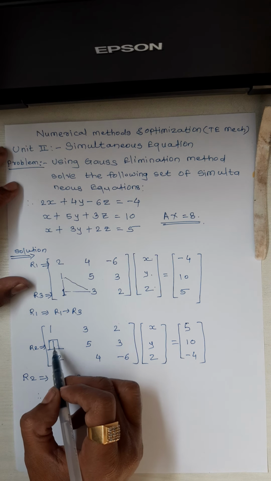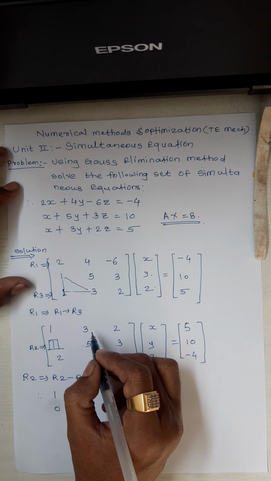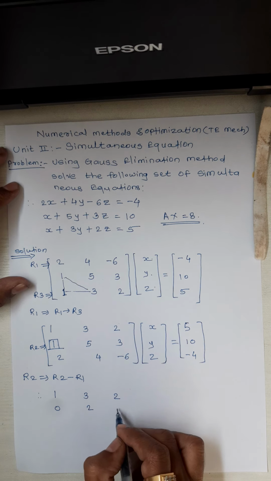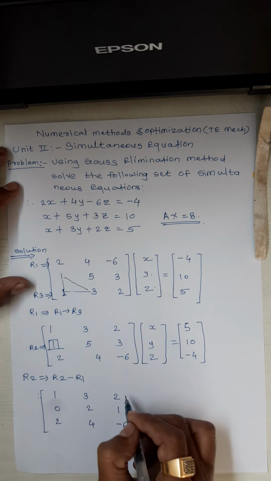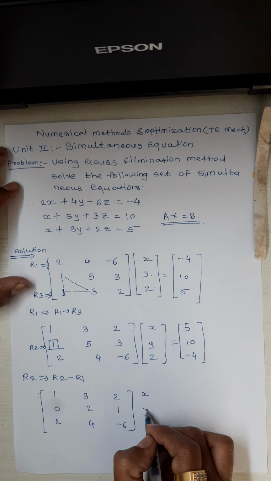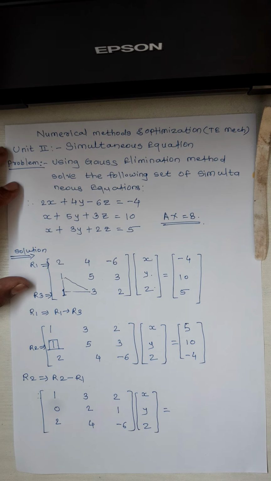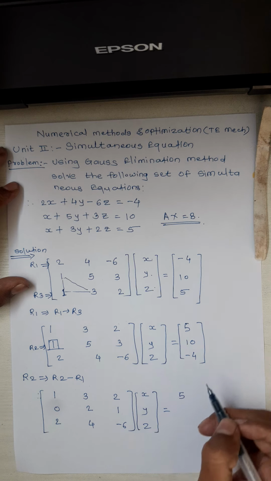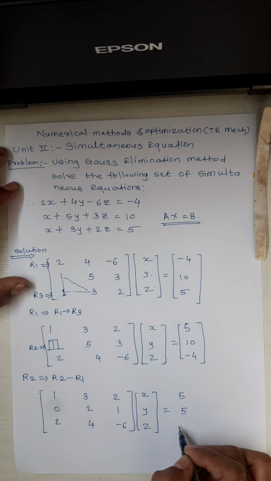On row 2: 1 minus 1 is 0, 5 minus 3 is 2, 3 minus 2 is 1, and 10 minus 5 is 5.